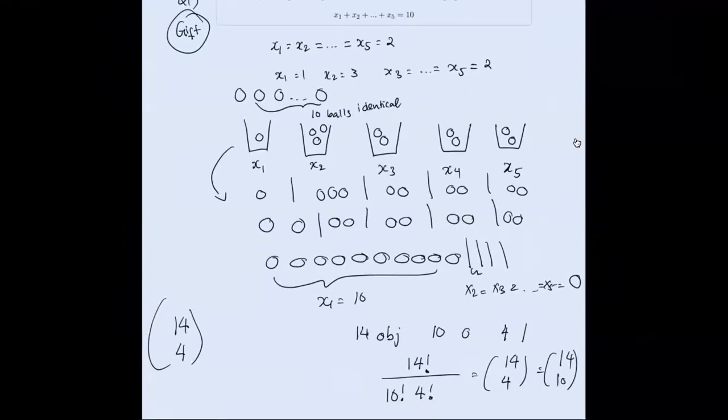Is there a way to use the combination with repetition formula? I don't remember exactly that formula, but I'm pretty sure that is about this one. Let me just check with your book. Is it 2.4?